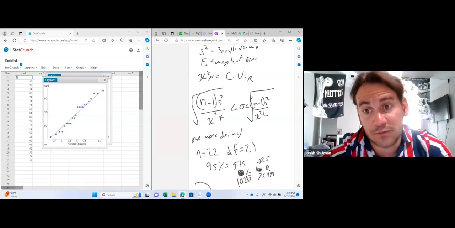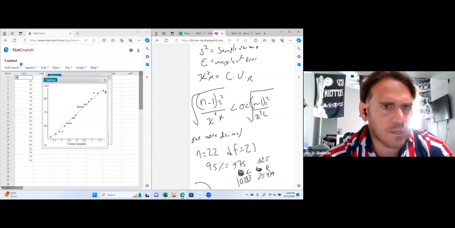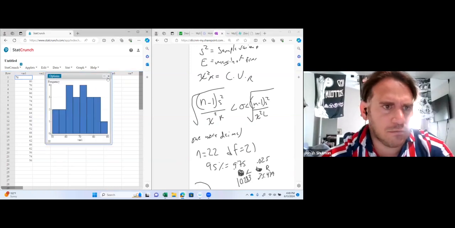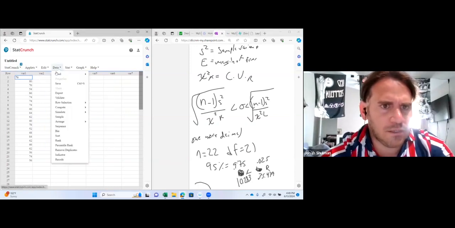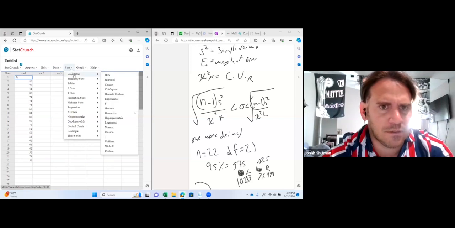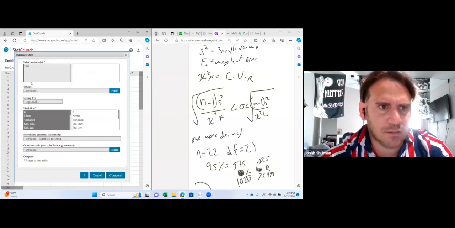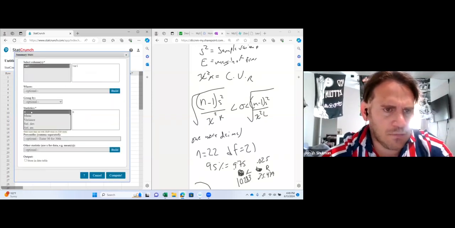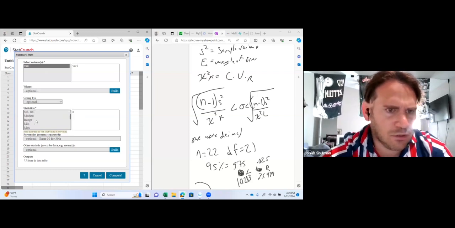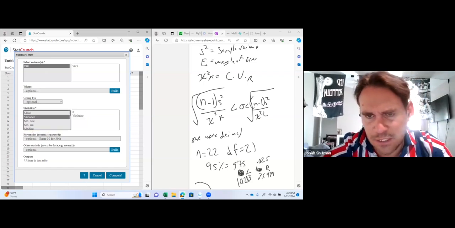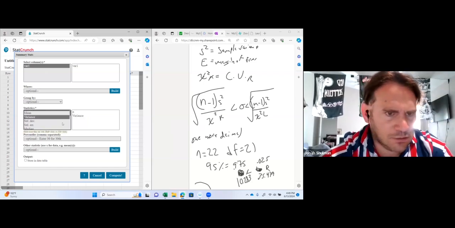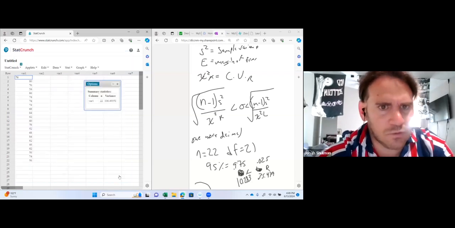Oh, sorry, that's the variance. So I might as well go to data, stats, summary stats, columns, the first one. And all I really need is the n, and the variance, not the standard deviation. That's really it. So I'm just going to compute this.